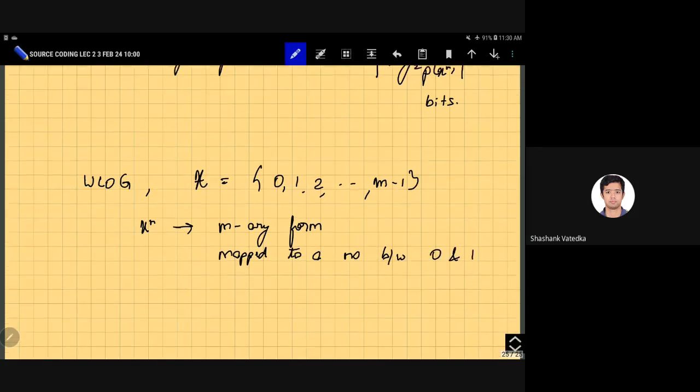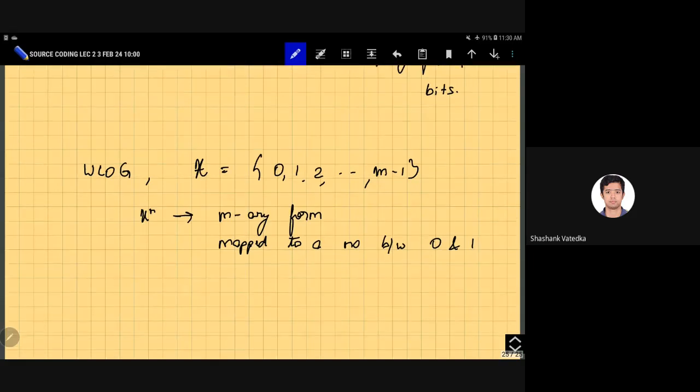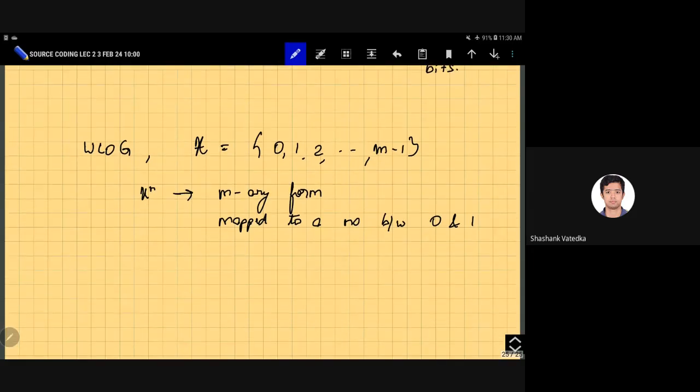So what do I mean by this? Let's take an example. Suppose I have m equal to, let's say, 4. So the alphabet is 0, 1, 2, 3.